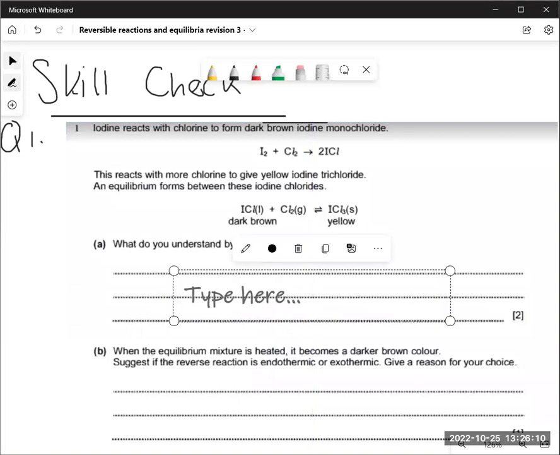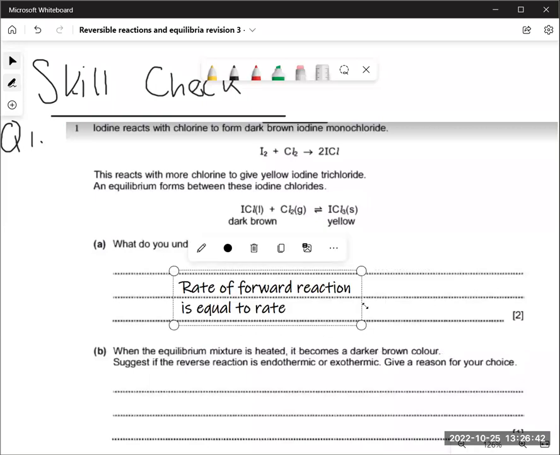Is it like when both the reactants are... I don't know. I don't have it on the screen. Okay. Read on it and write in your notebook.